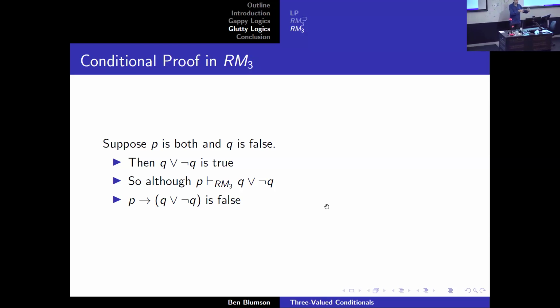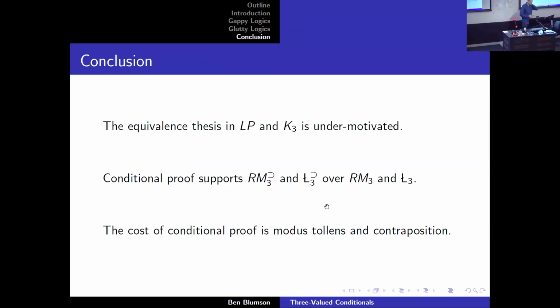Those are better than LP and K3 and better than LP and RM3. But there's a trade-off. The cost of keeping conditional proof is that you will lose modus tollens and contraposition.